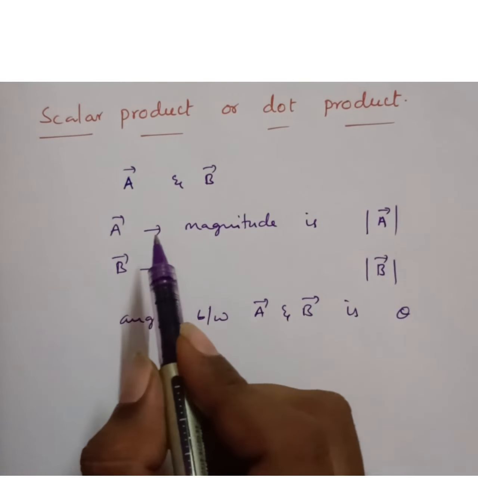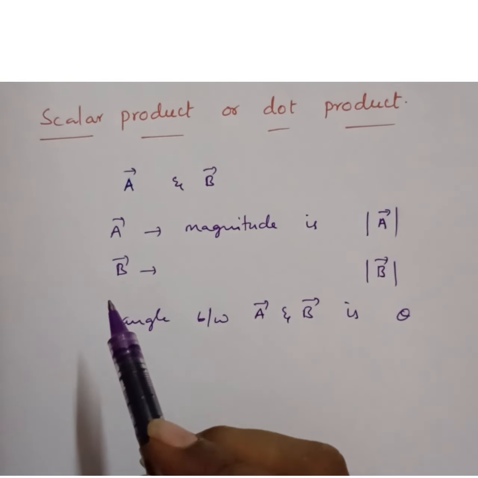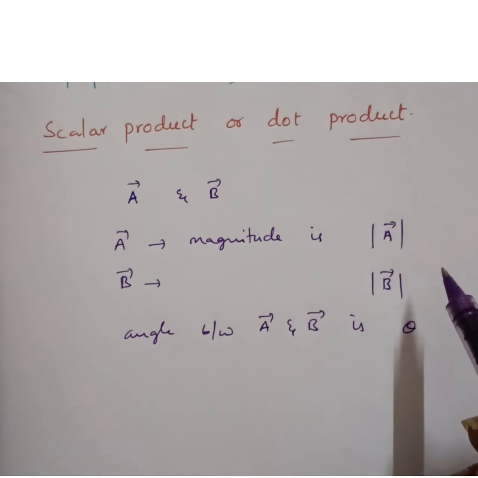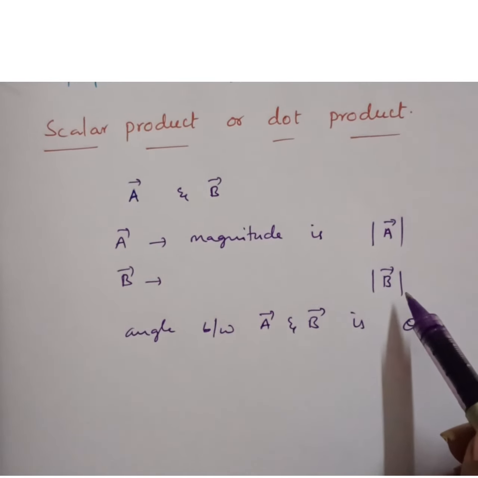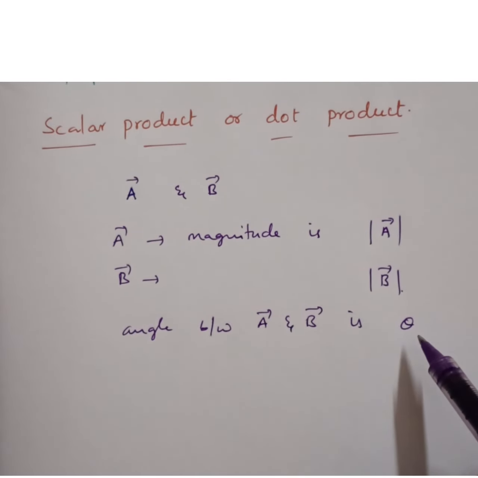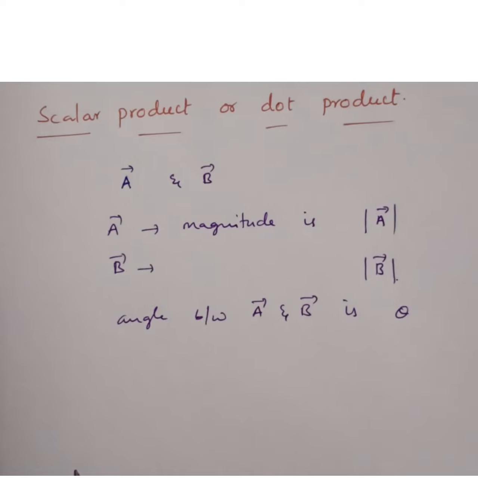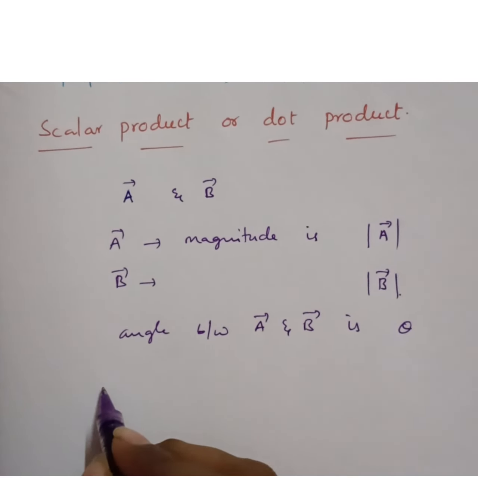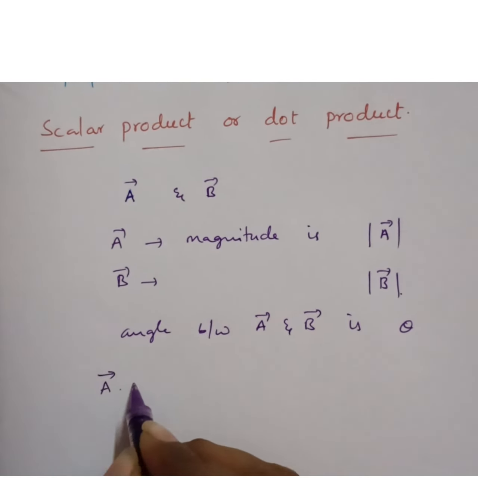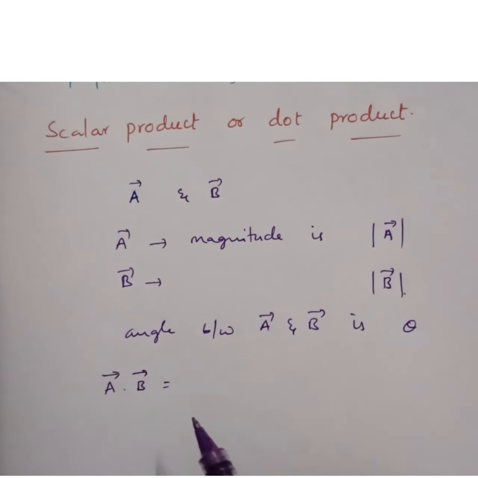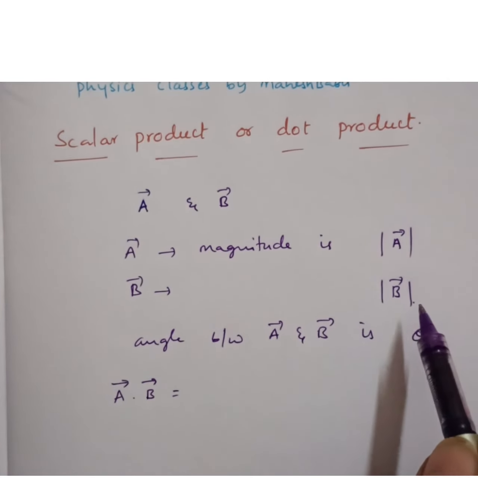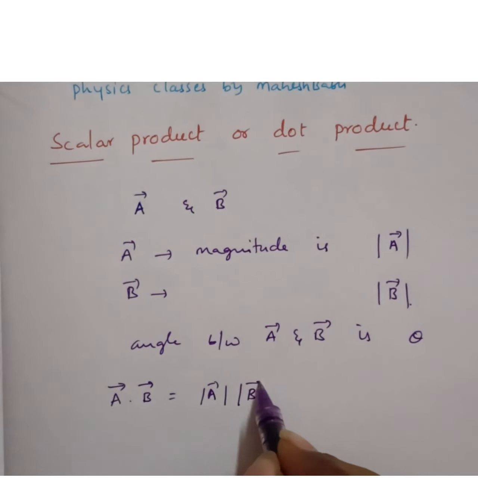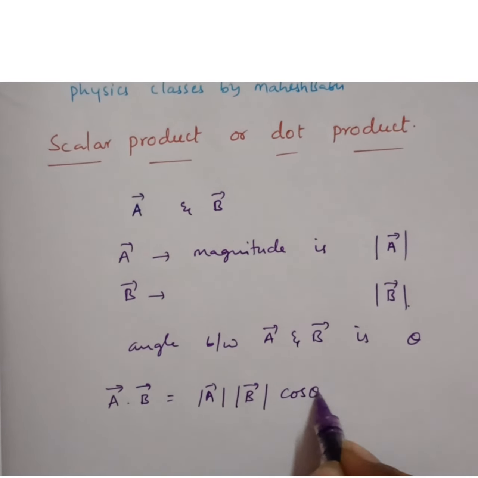Now the dot product between a bar and b bar is the product of the magnitude of a bar, the magnitude of b bar, and the cosine of the angle between them. a bar dot b bar equals the product of these three: |a| |b| cos theta.